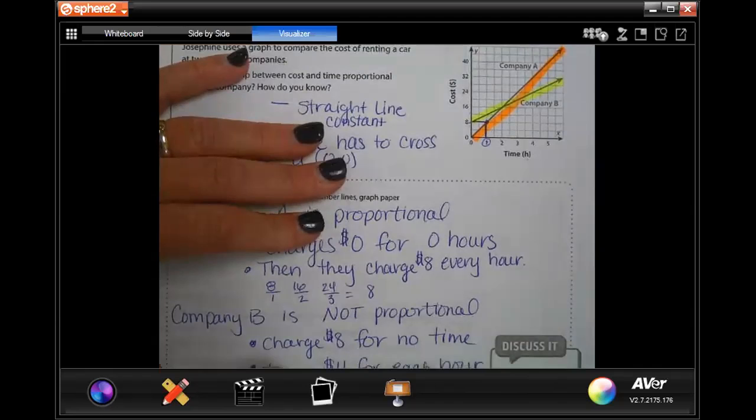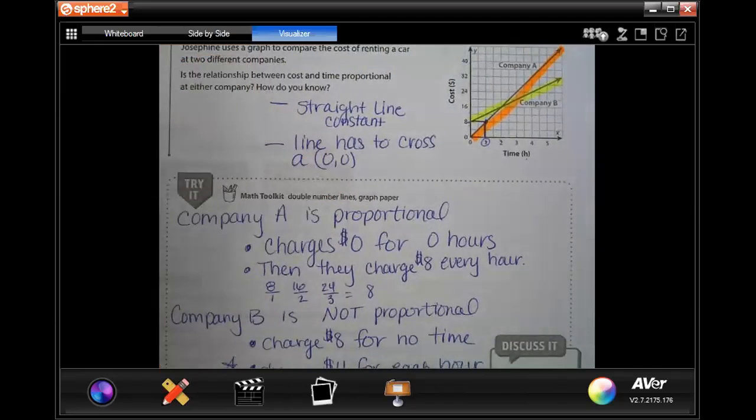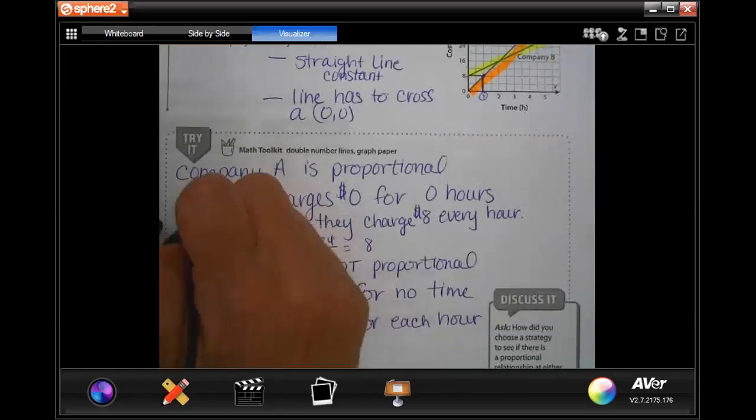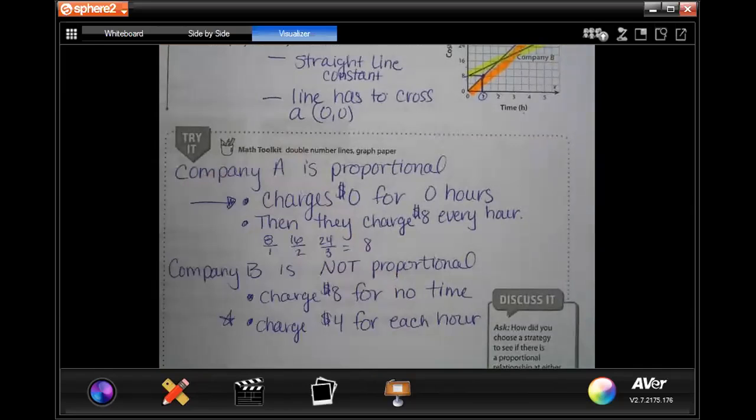So company B does meet the constant, but it is not proportional because of this right here. It has to be 0, 0. All right, so hopefully that makes sense.